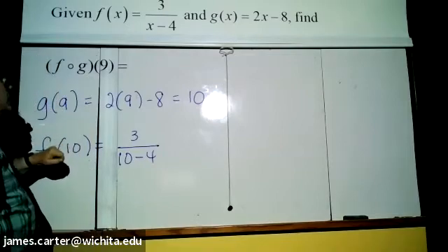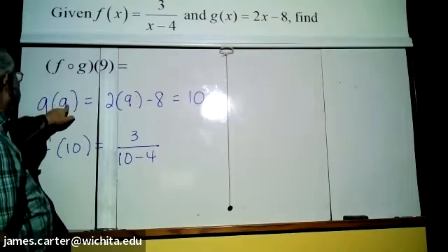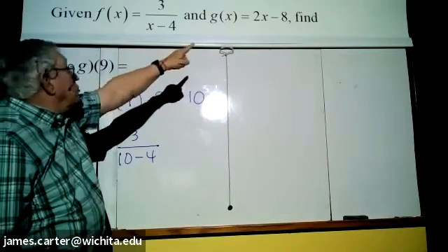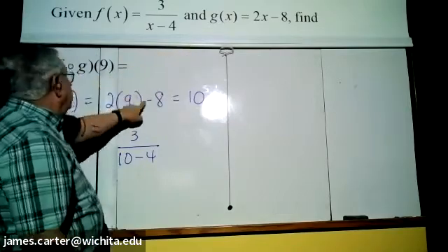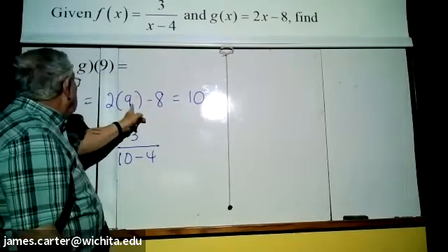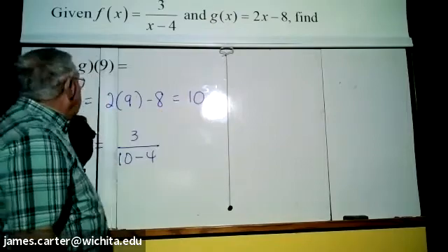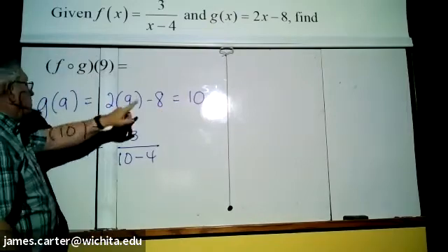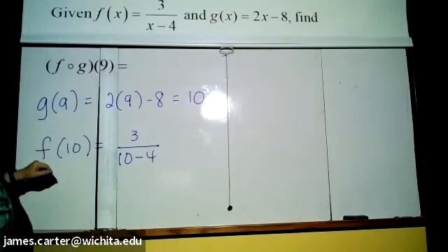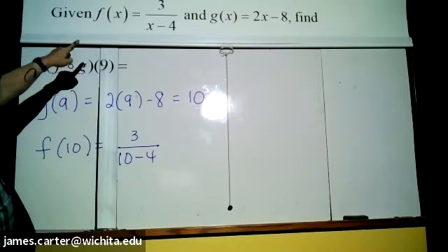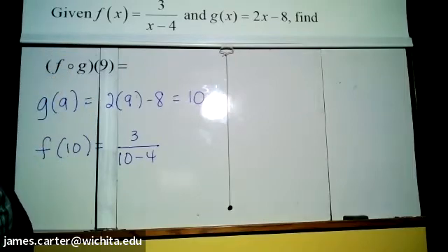So, g of 9 would be 2 times 9 minus 8. 2 times 9 is 18, minus 8 is 10. So g of 9 is 10. Now we take that 10 and substitute it into the x equation.